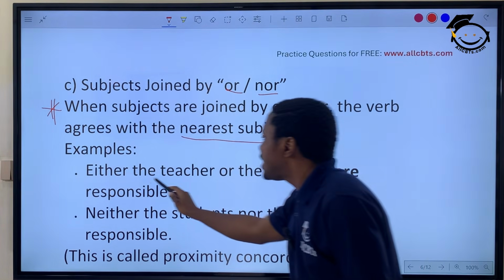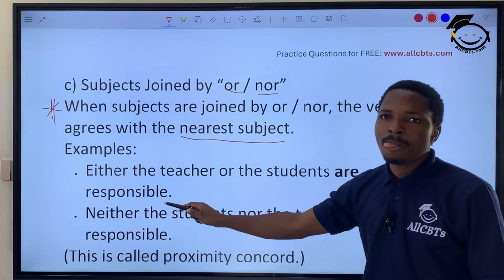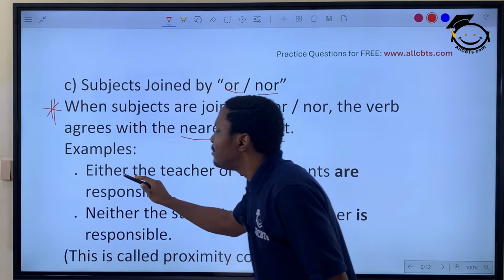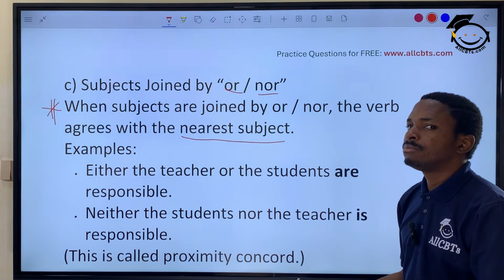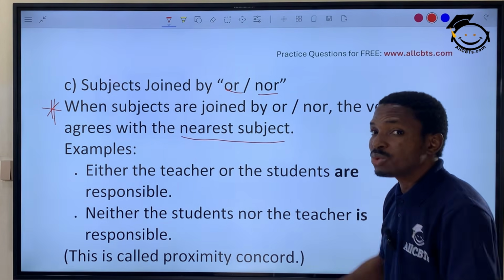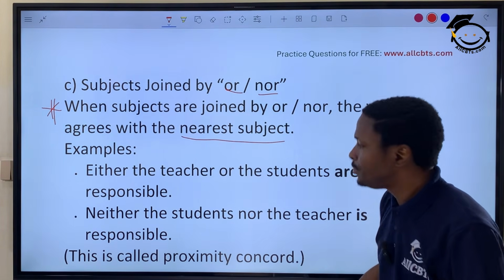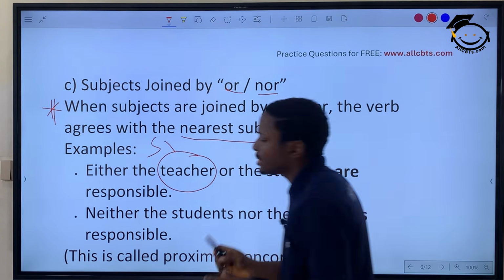Example: "Either the teacher or the students are responsible." Good. Now, either means one of two. Now you have teacher. Teacher is what? Singular.